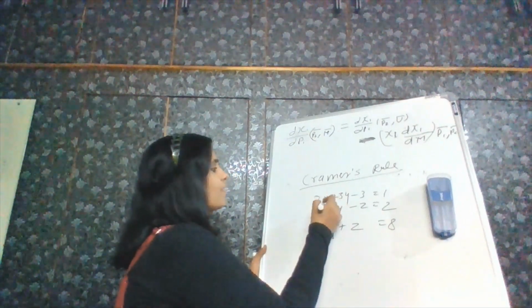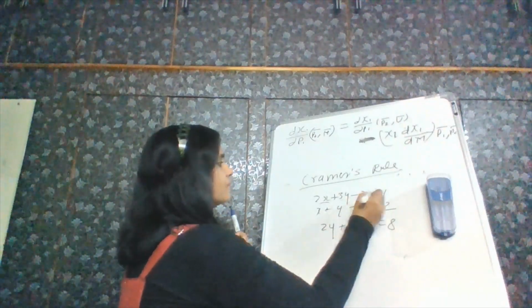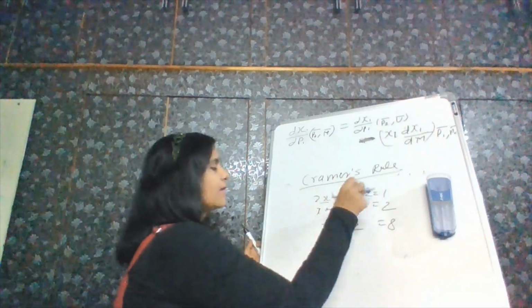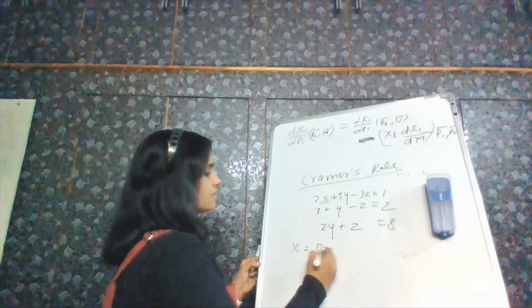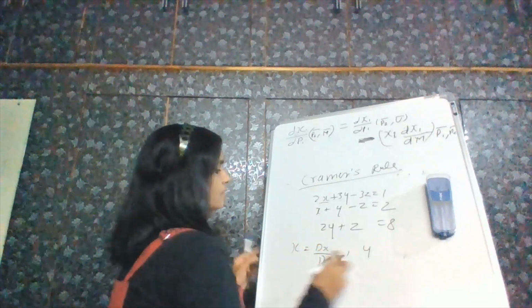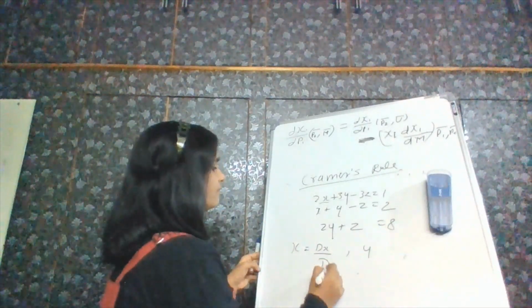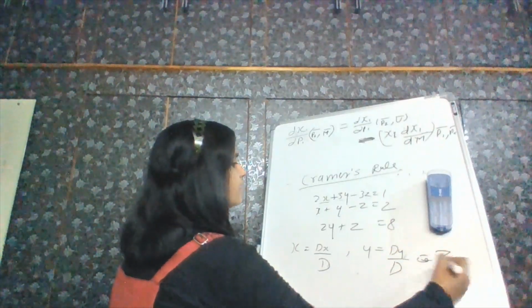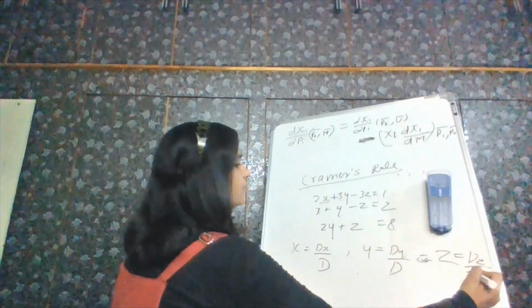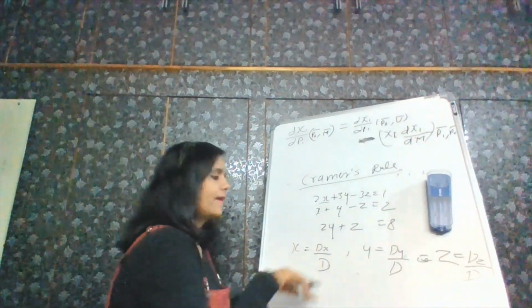Your variables are x, y and z here. In order to solve for x, y and z, what is the formula? x is equal to dx by D, y is equal to dy by D, and z is equal to dz by D. What are dx, dy, dz and D?